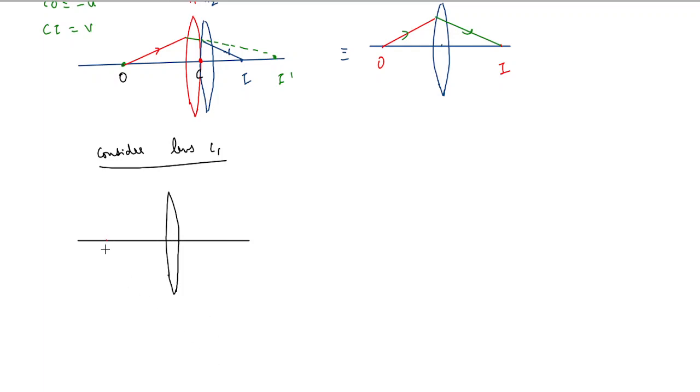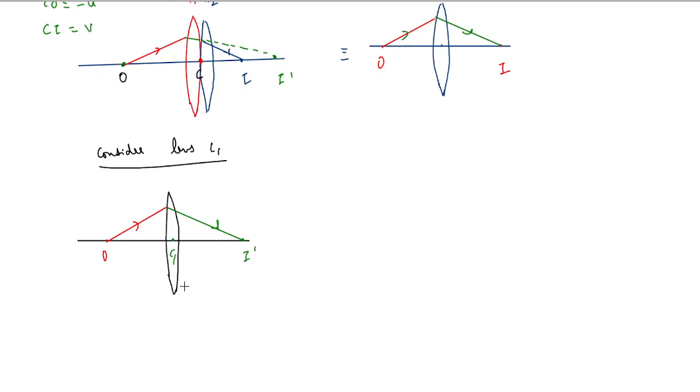At this point O, an object is kept. Light falls on this lens, light refracts, and the image would be formed at the point I dash. Keep in mind that the image would be formed at the point I dash. So in this case, this is the image point. Let C1 be its optical center.